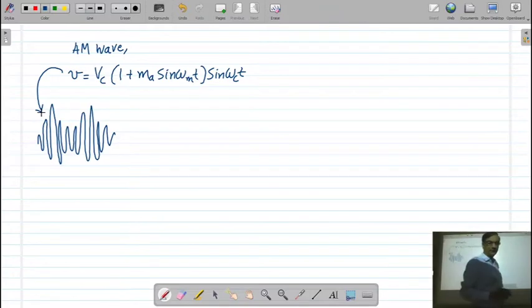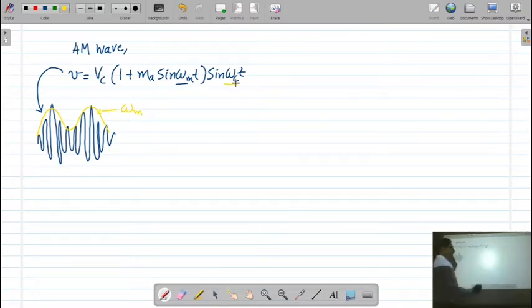Here, if we see, there are two frequencies present. Where is my omega m? If we take the envelope of the signal, this represents omega m. And the other frequency is the carrier frequency.